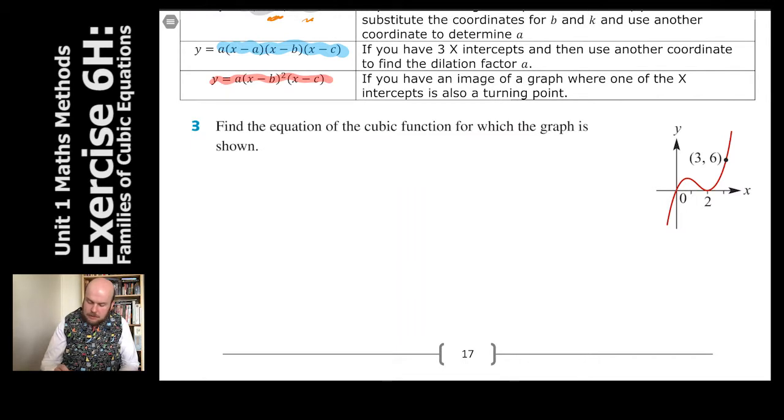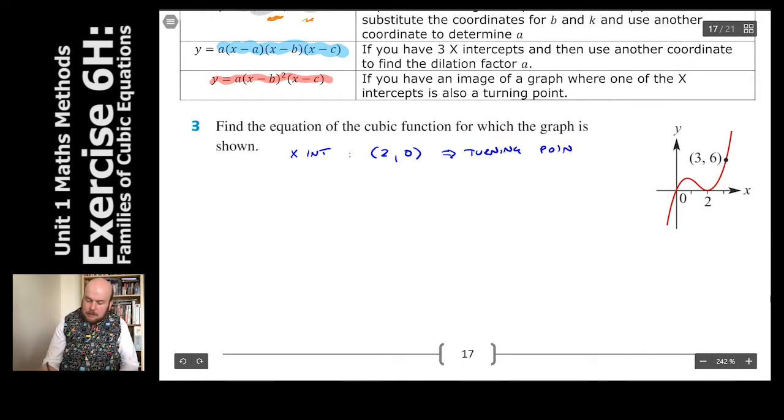So where are our x-intercepts? One of them is at 2, 0, and it's also a turning point. So that means that's going to be the bracket x minus 2 squared. Remember, if that was negative 2, 0, that'd be x plus 2 squared. We've also got an x-intercept at 0, 0.